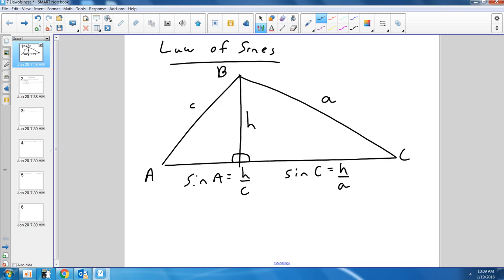Then I want to solve for H on both of them. That's pretty easy. Since they both equal H, we can just set them equal to each other.